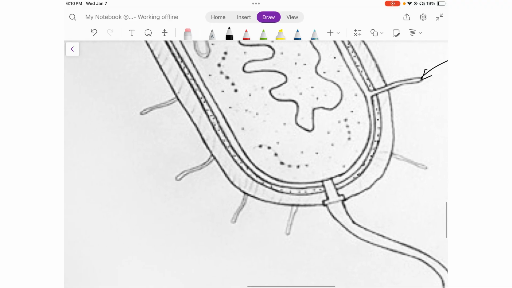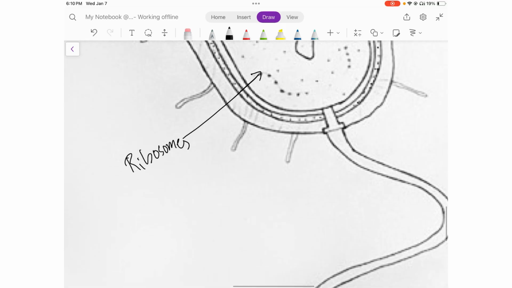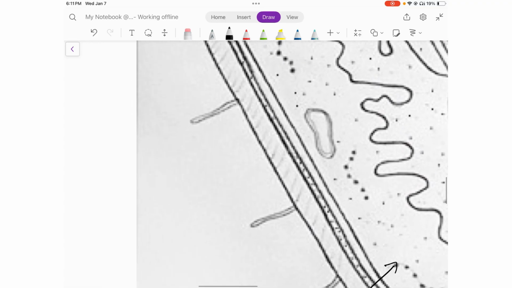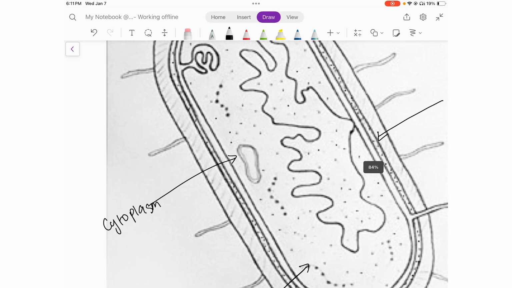Here we have our ribosomes. Ribosomes are involved in, again, protein synthesis. But the difference is that these are 70S ribosomes, so the smaller variety. We have our cytoplasm, as usual.